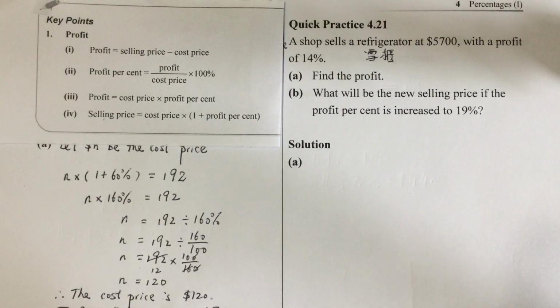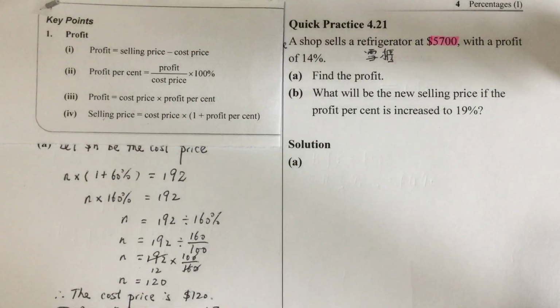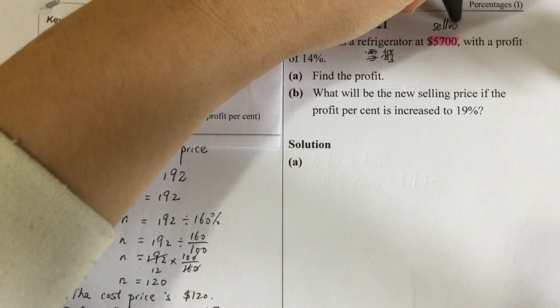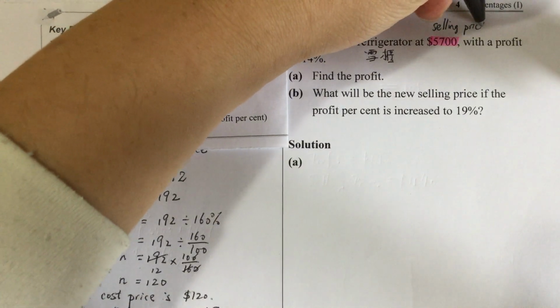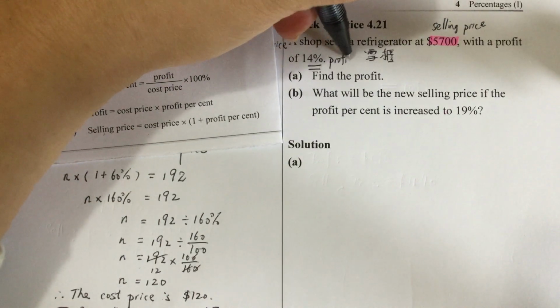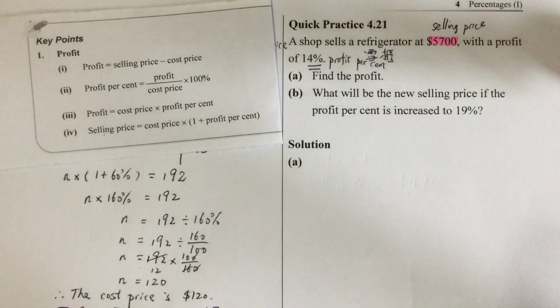Now for the $5,700, obviously this is the selling price. The profit of 14% is the profit percent. And then we are going to find the profit.